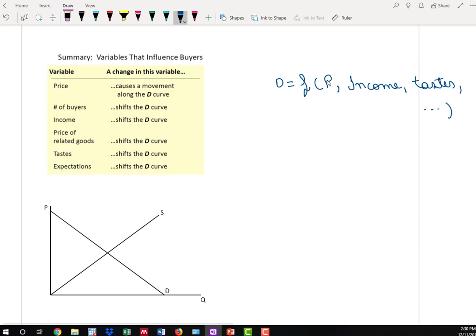The main determinants of demand, or the variables that influence buyers, well, first of all is the variable that we actually chose to graph, price, here and here. But other variables are going to affect the demand. For instance, the number of buyers. Let's say we're talking about the market demand in Murray, Kentucky.